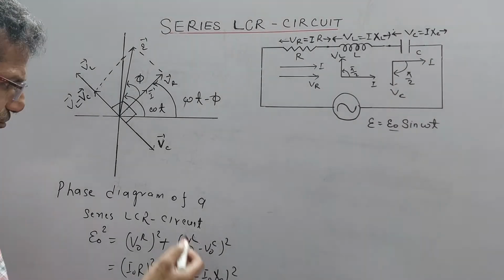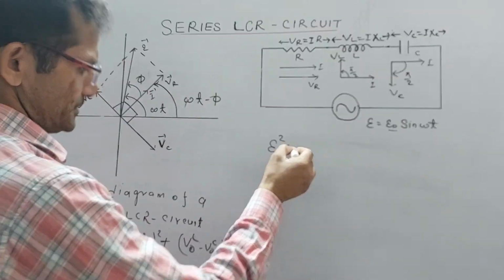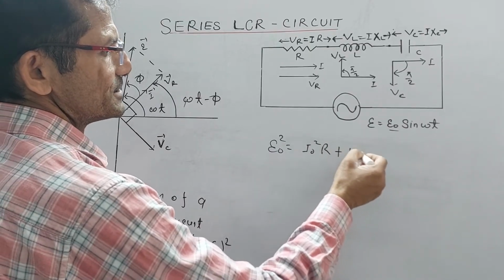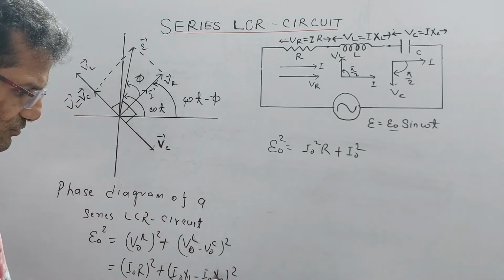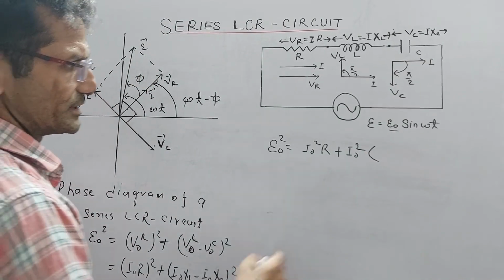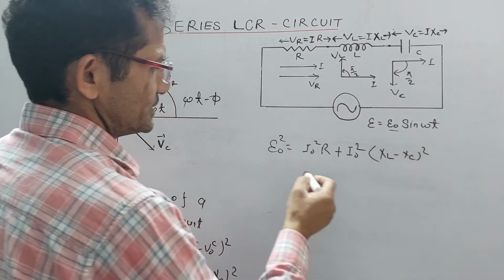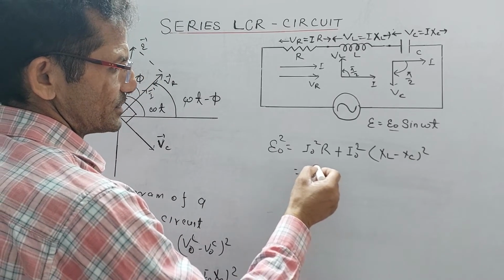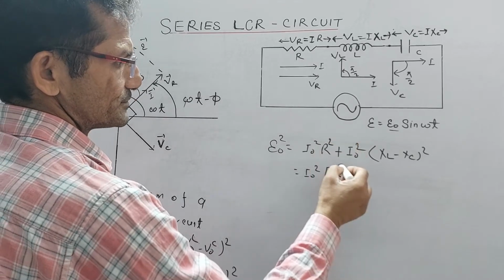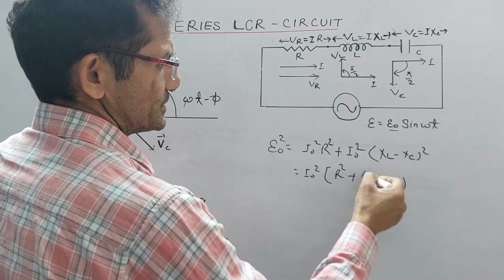If I calculate from here, E naught whole square is equal to I naught square times R square plus I naught whole square times XL minus XC whole square, and finally taking I naught square common from both the terms, R square plus XL minus XC whole square.